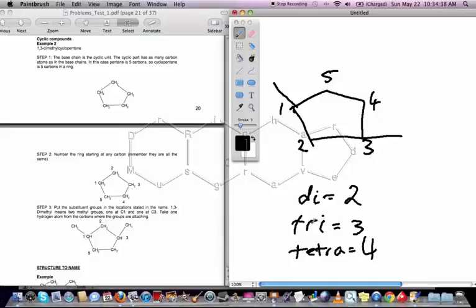And those are pretty much the only ones you really need to know. But if you got 2 of the same group, it's going to be di, 3 of the same is going to be tri, and 4 of the same is going to be tetra.